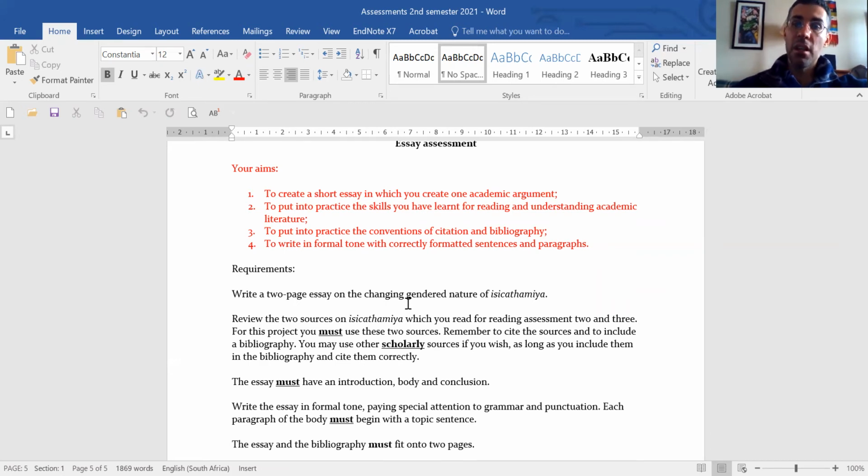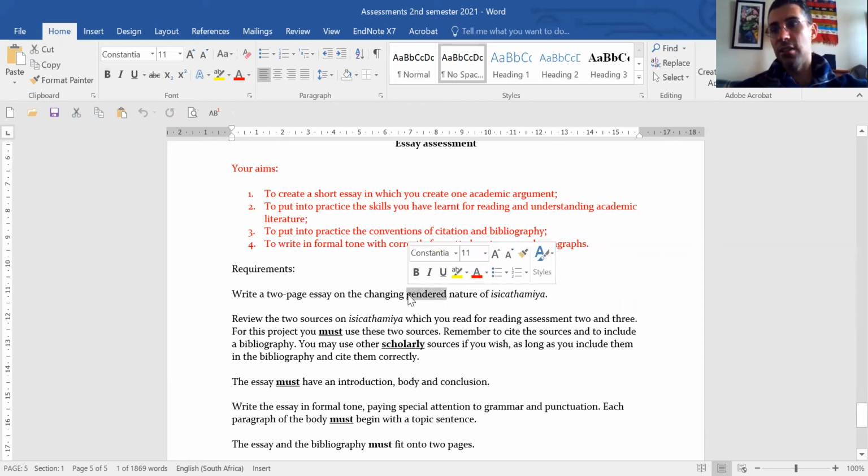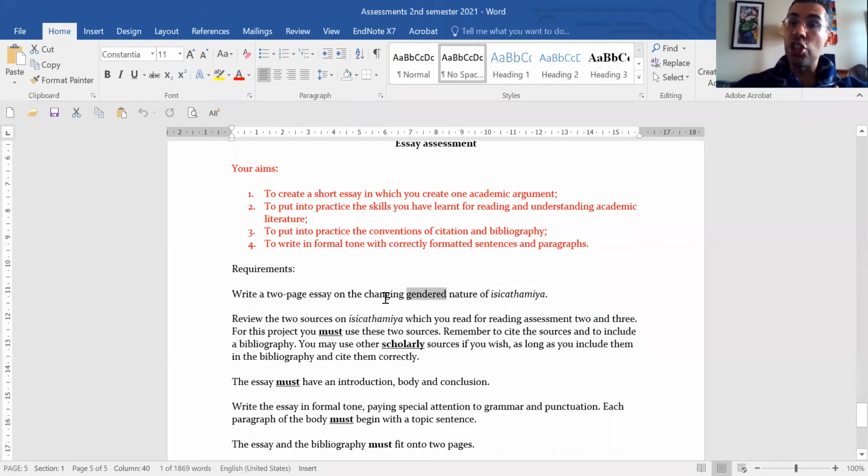Okay, so that's what this is about. Gendered, you know, if you talk about what is your gender, the question is, are you a male or a female, right? So this 2-page essay is about how iskatamia has been changing, how its representation or how it shows masculinity has been changing.